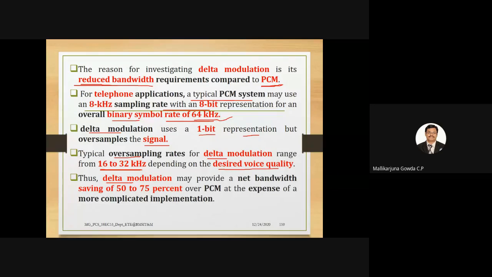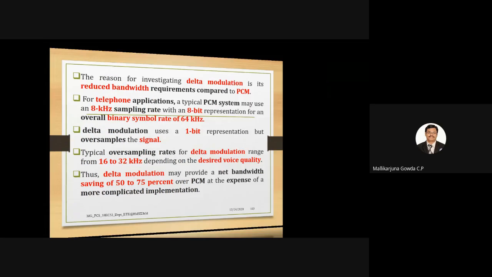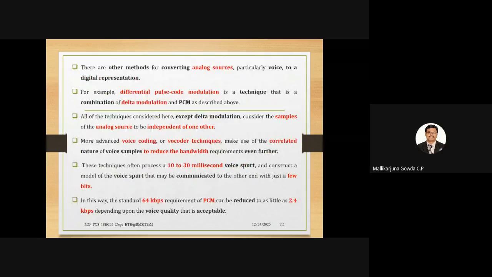So by using delta modulation, it is possible to save the bandwidth of around 50 to 75% over PCM. Only the thing is, the circuit complexity is more compared to PCM, at the expense of more complicated implementation. So this is the advantage of delta modulation that I wanted to say, and to be very specific, here it is told to what extent it is reduced.